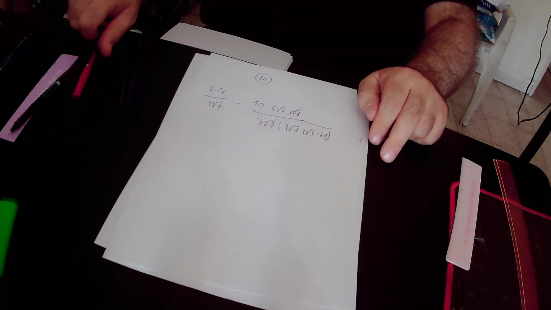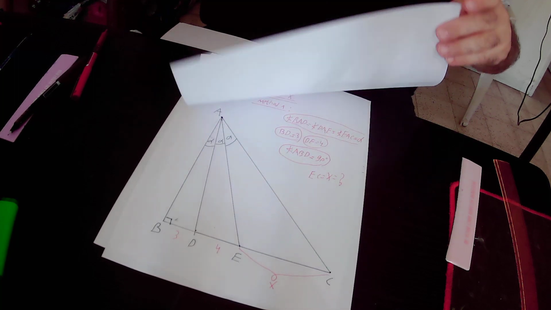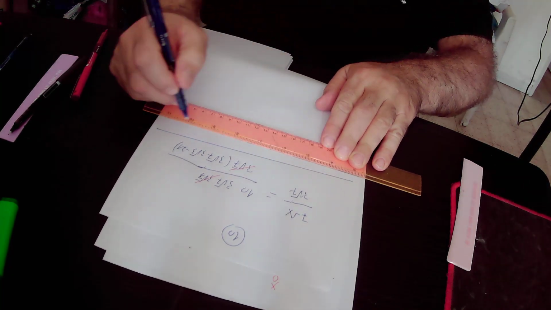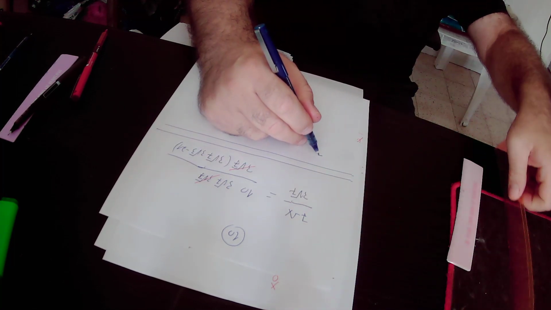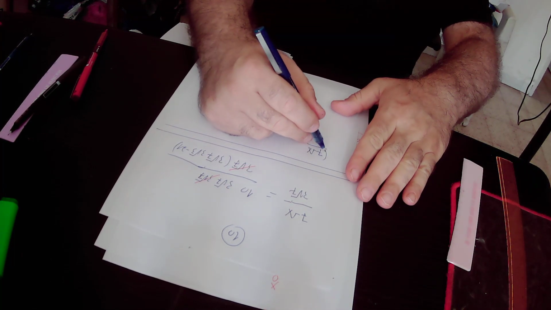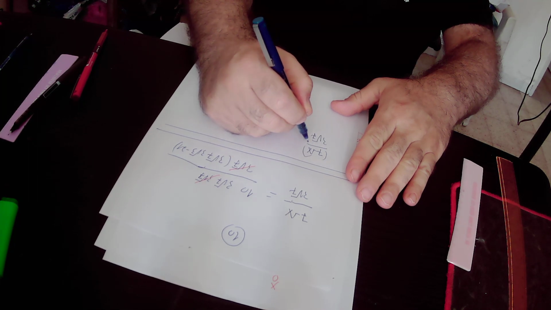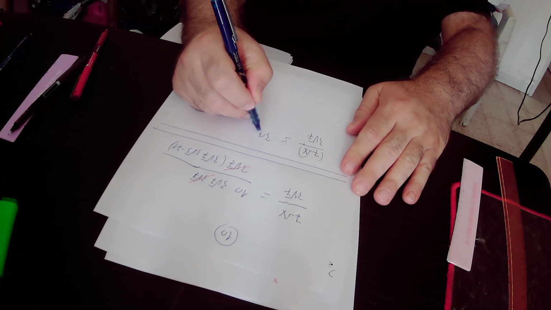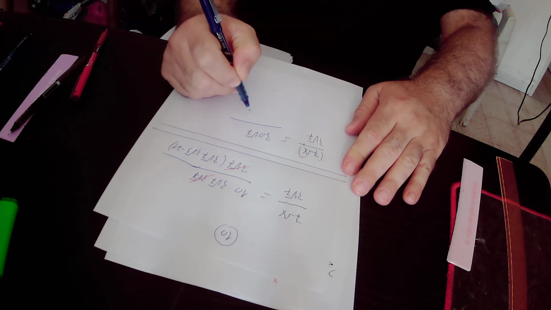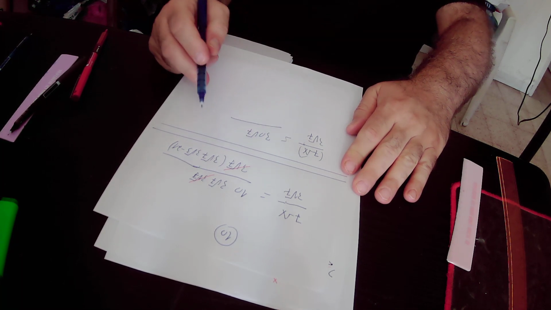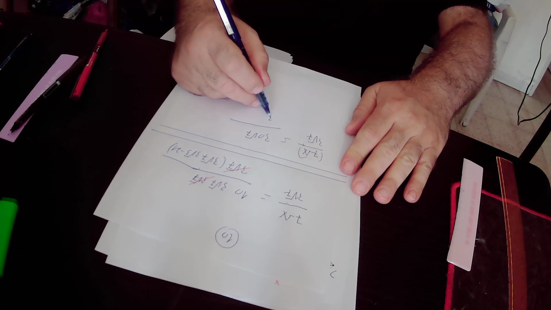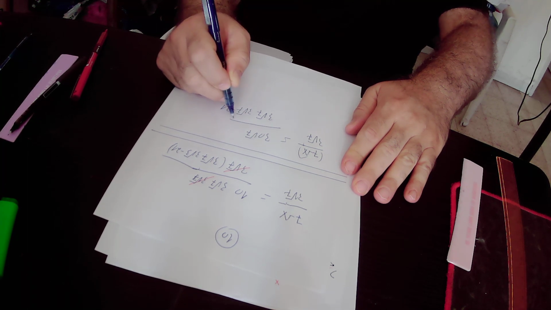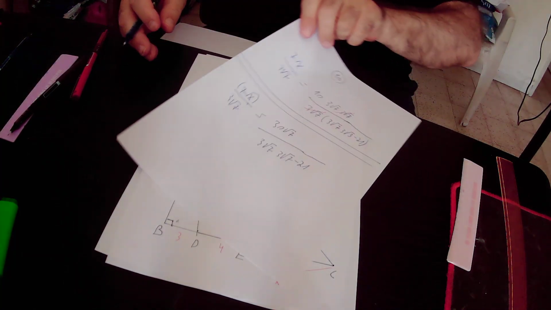And what is left after we cancelled 3 times root 7? 7 plus x over 3 times root 7 equals, here we have 10 times 3 is 30 times root 7 over 3 times root 7 minus 21. Okay, that's what we got.